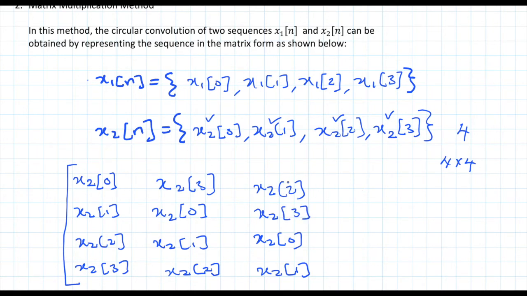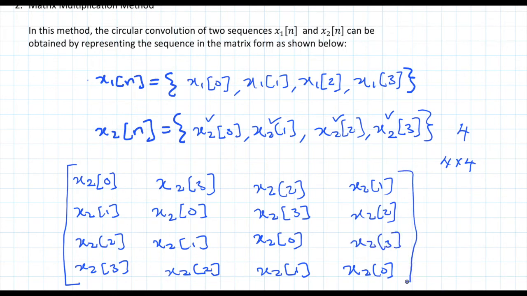Then you write this column rotated again, that is, x2 of 0 over here, then x2 of 1, x2 of 2, x2 of 3. So this forms our first matrix, which is in fact a 4 by 4 matrix.